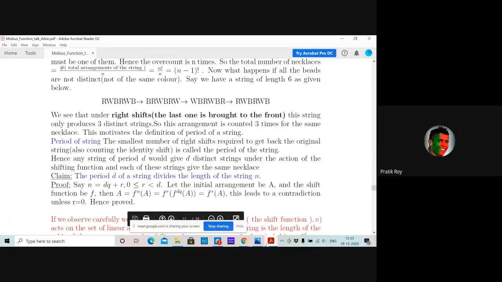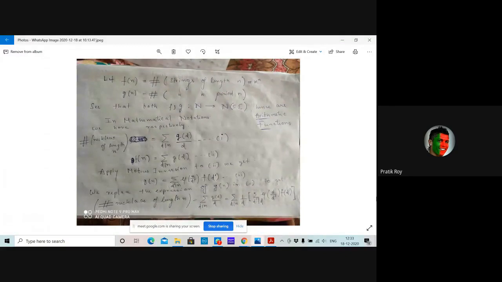So what is the period of the string, the first string in the group O4? We see that the string arrangement in O4 has only 2 periods. Period as period 2, because after implementing the right shift twice, it will come back again to the first arrangement that we started with.